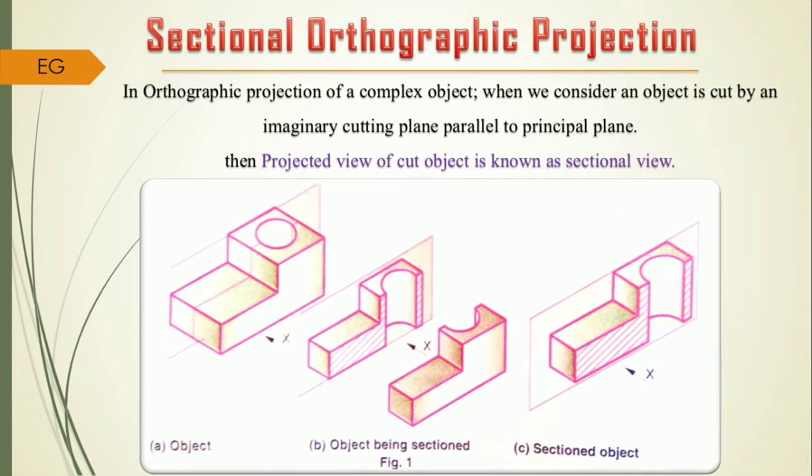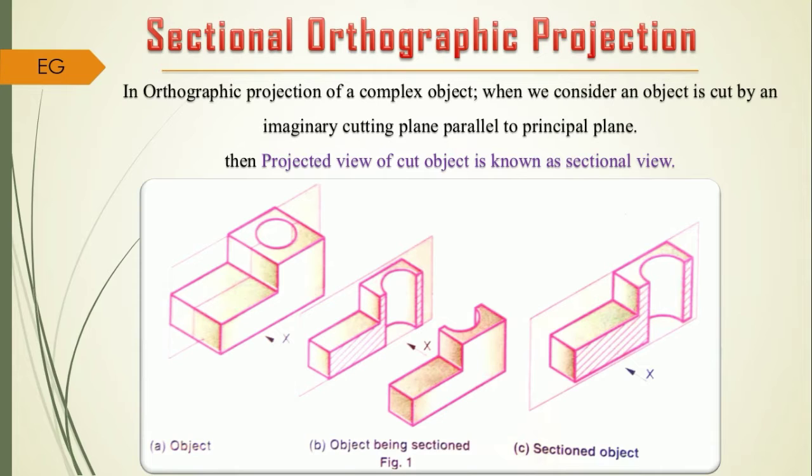But initially, just focus on what you do in your regular simple orthographic projection for invisible features. You simply show the invisible features by means of dotted lines.